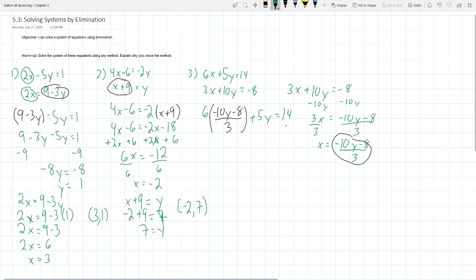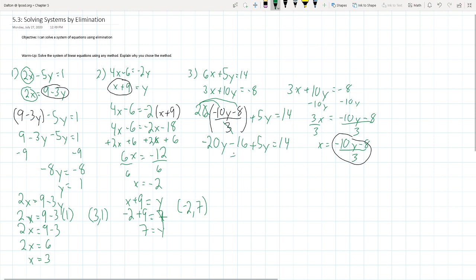Now hopefully you can see the reason that I left this as 3 is because if I do this 6 divided by 3, this gets rid of the denominator and just turns into a 2. So now I'm doing multiplication. So I do 2 times negative 10y, so I get negative 20y. 2 times negative 8 is negative 16, plus 5y equals 14.